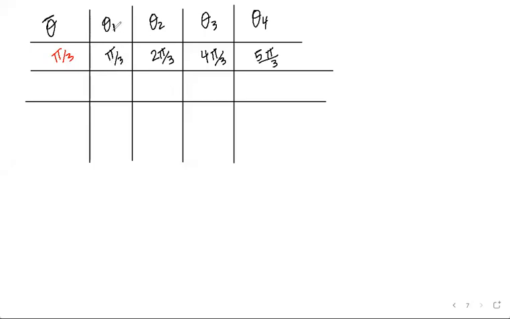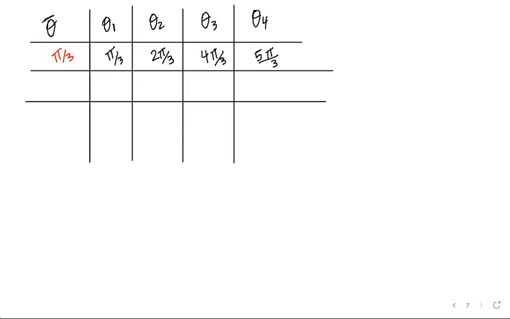This angle is in the first quadrant, this one is in the second quadrant, this one in the third, and this one in the fourth quadrant. All of these angles have the same reference angle, pi over 3.